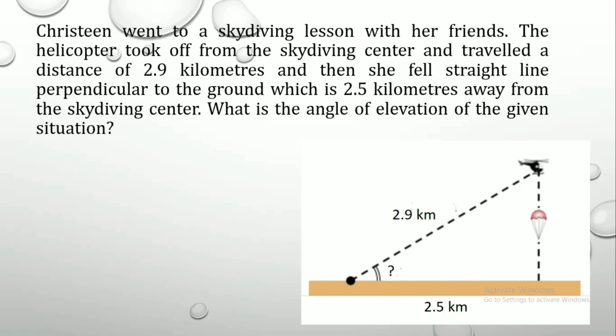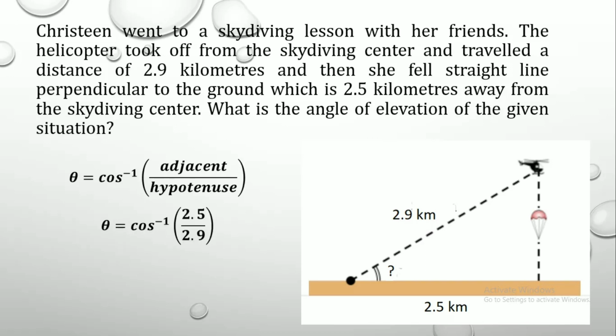So, we are asked here to find the angle of elevation. The angle in the figure has no opposite measurement, but only the adjacent and hypotenuse. Hence, we will again use the inverse cosine function. Again, write the formula of the inverse cosine.